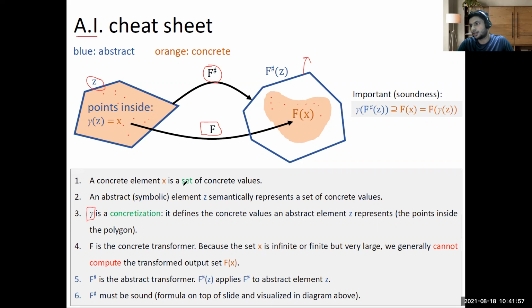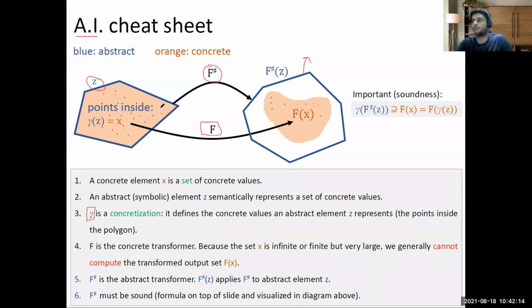In general, F is the concrete transformer, but because there are a lot of points, you cannot enumerate them.